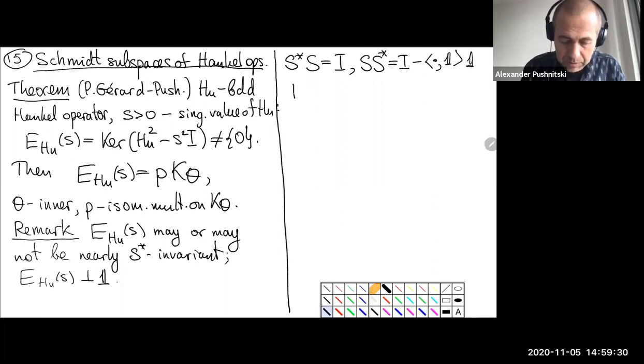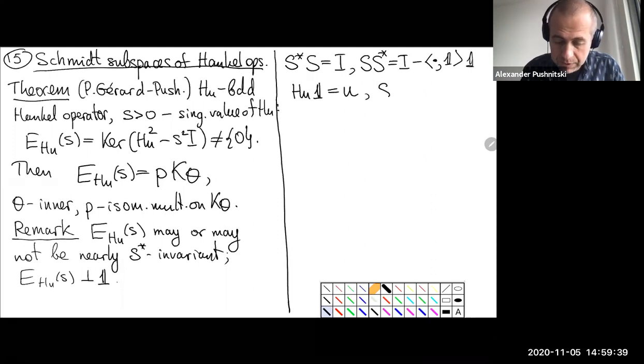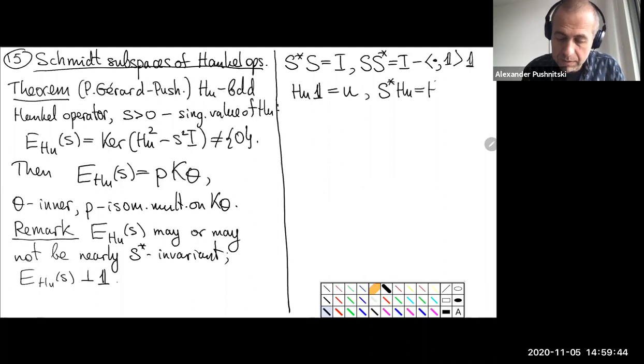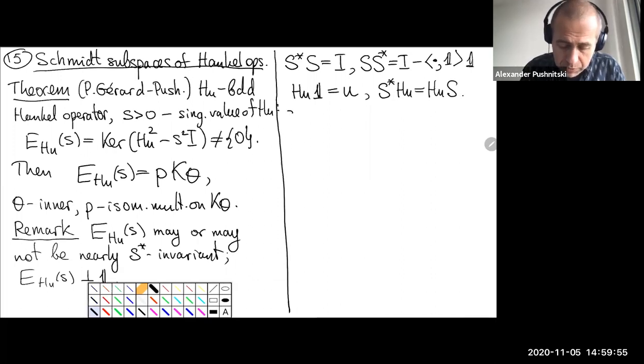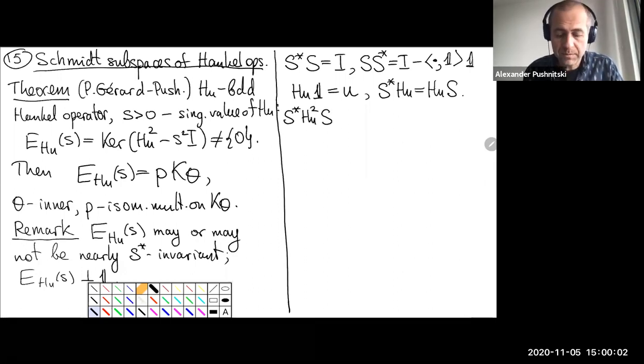Okay, so next, let me just remind you that HU acting on the identity gives U. And we also have the commutation relation for Hankel operator. So using this, I want to establish some identity that I will need in the proof. So let me compute the following thing. Okay, I want to compute this product.